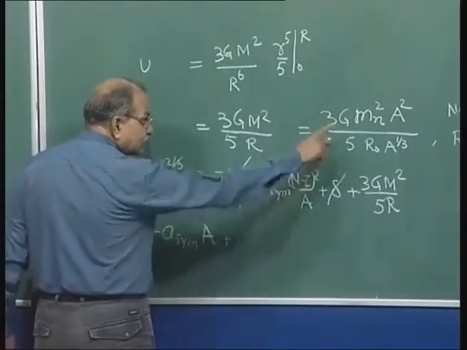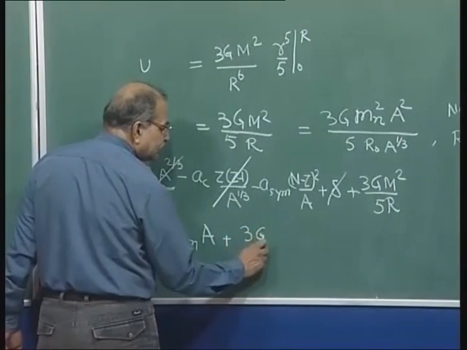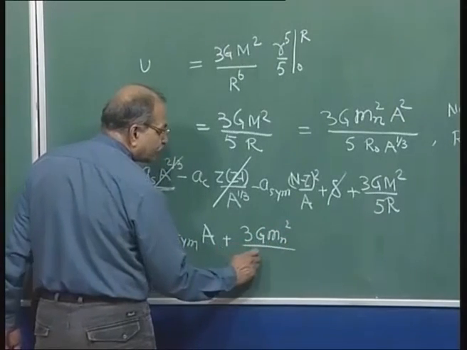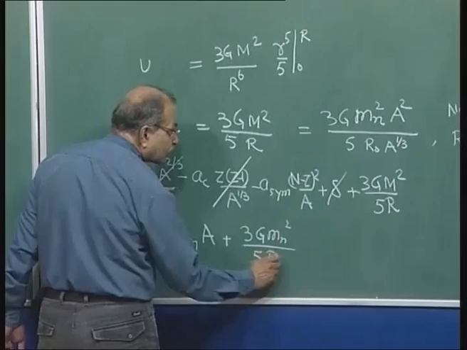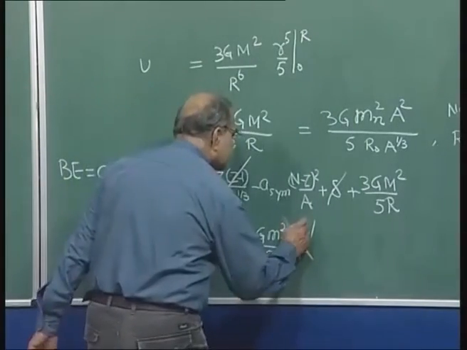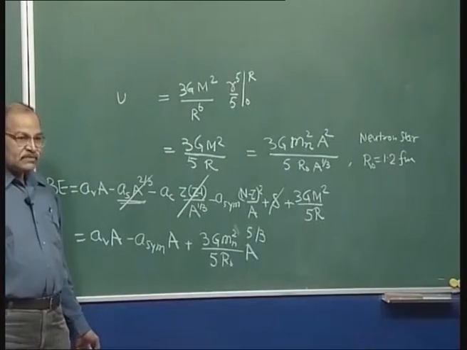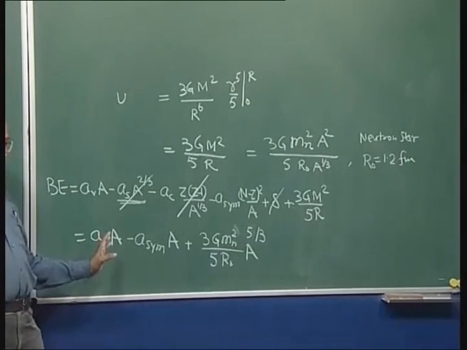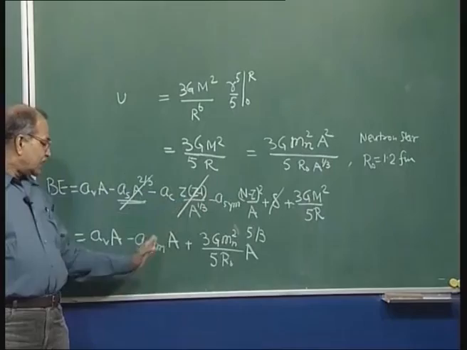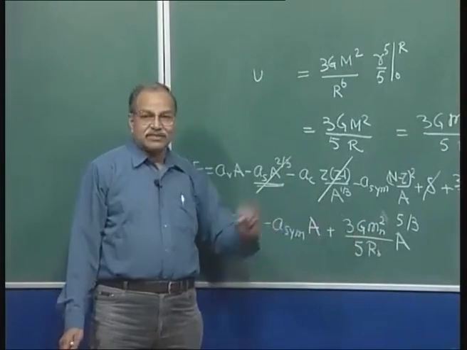plus this one, let us write from here, this is 3 G m_n square by 5 r naught A to the power 5 by 3. Okay. Now, this is binding energy, neglecting those irrelevant terms and keeping these terms and including the gravitation.